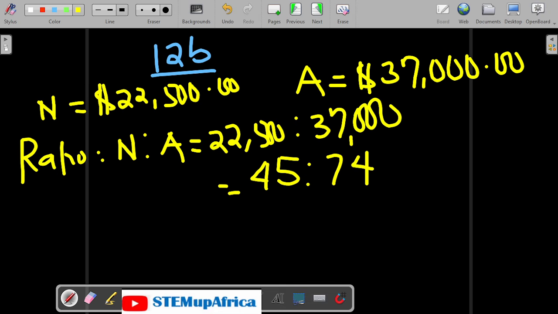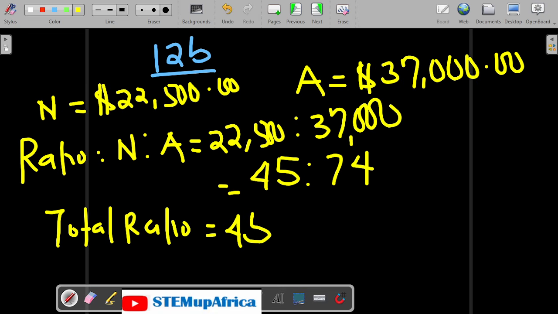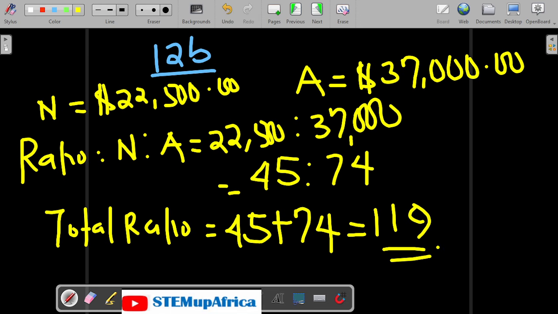Okay, let's get the total ratio now. Total ratio will be 45 plus 74. That will give us 119.